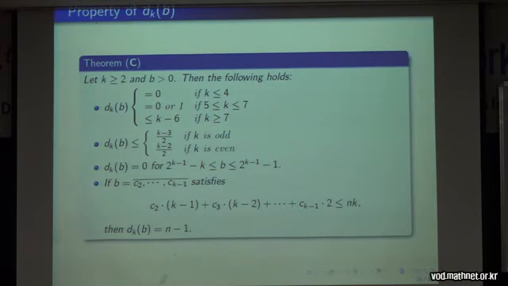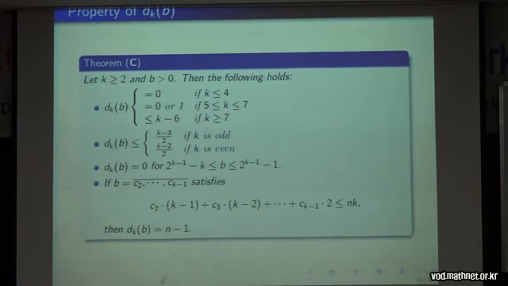Up to now we have such properties of the decay of B. First, if k is less than or equal to 4, then the decay of B is 0, so we can apply the formula. If k is between 5 and 7, this number is 0 or 1. And if k is greater than or equal to 7, then it is less than or equal to k minus 6.